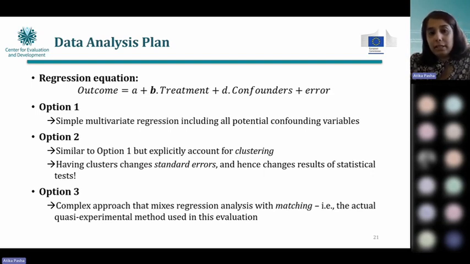This affects your statistical results, and that's why you will often find in reports people also reporting clustered standard errors related to the cluster where the program is given. And then finally, you have the third option, which is the more complex approach of mixing regression analysis with matching. Remember, this was the approach where we tried to control for these initial differences by matching the most similar individuals. This is the actual quasi-experimental method that we used in our evaluation as well.